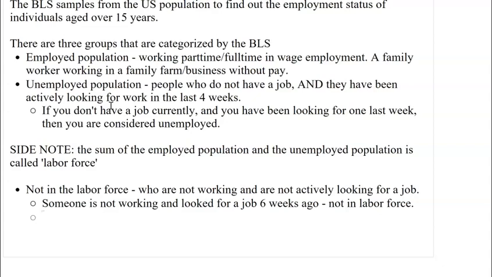We have full-time students. Many people are students full-time, and so they are not actively looking for a job. So they are considered to be not in the labor force. If you're retired, the definition of labor force, as we said, is anyone above the age of 15. So if someone's 70 years old and retired and doesn't want to work anymore, they are considered to be not in the labor force.